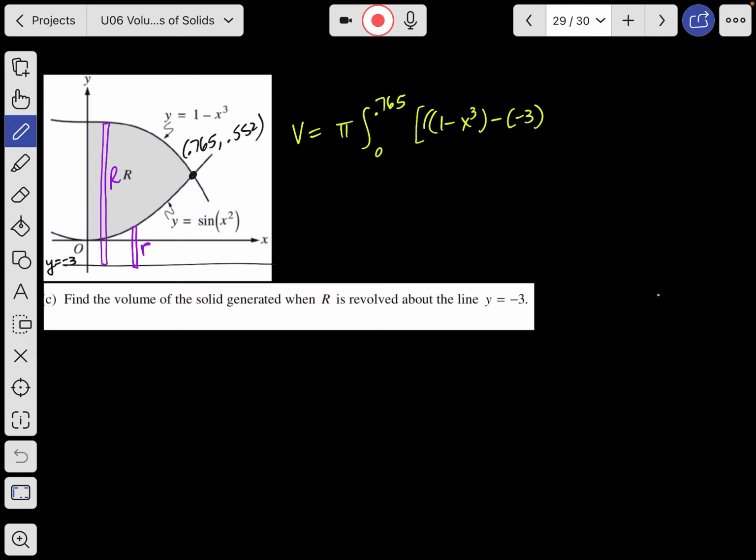This will give me my radius squared minus, and then the smaller radius, which is the top function minus the bottom function, and this is dx. Okay, and we take this to Desmos and we plug it in, and we should get a volume of approximately 11.841 units cubed.